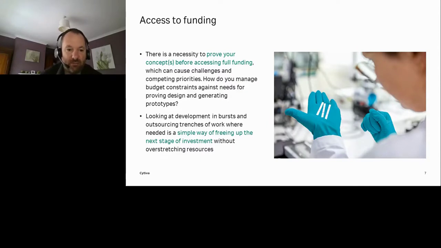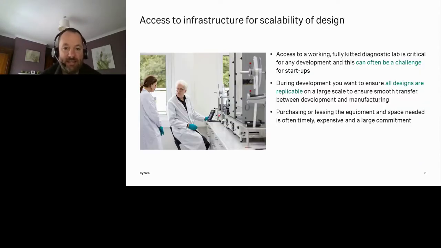Okay, so two more points I've got here. The next one is about access to infrastructure. And you can see in the image on the slide, a large Biodot reel-to-reel dispenser.